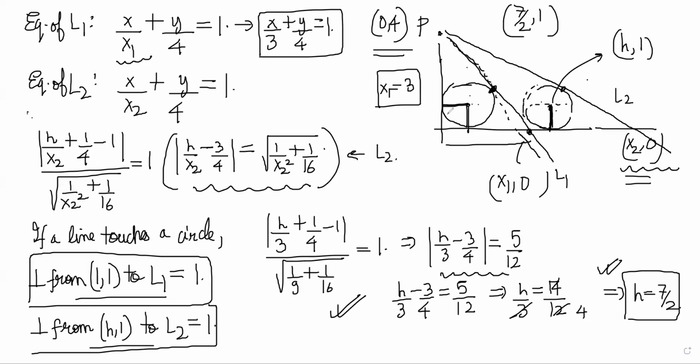And now we use that result in this to find x2. So you get the modulus of 7 by 2 x2 minus 3 by 4 is equal to root over 1 by x2 square plus 1 by 16, right? I will square it and solve this problem now. So I'll get 7 by 2 x2 minus 3 by 4 whole square is equal to 1 by x2 square plus 1 by 16.